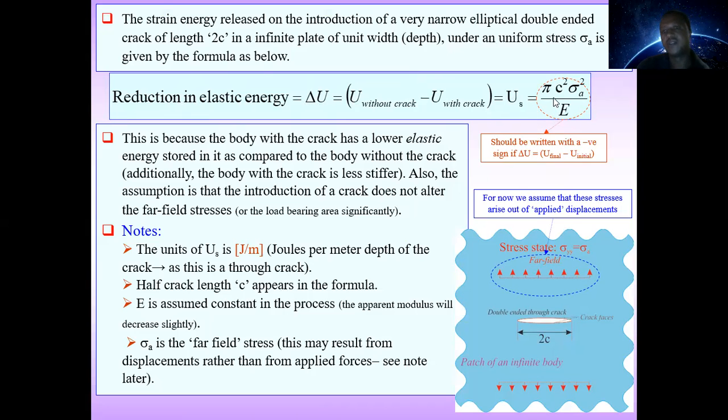Us is equal to pi c square sigma A square over E. It should be written with a negative sign if we reverse the direction, as U final minus U initial. This is because the body with a crack has lower elastic energy stored in it compared to the body without a crack.